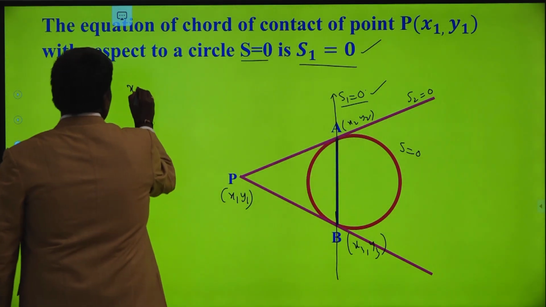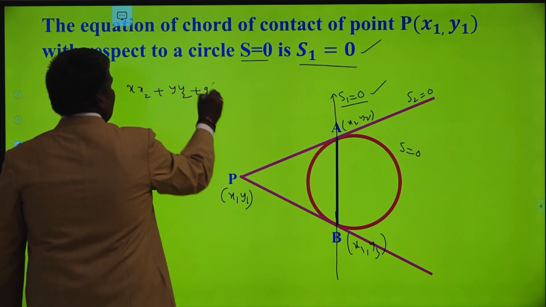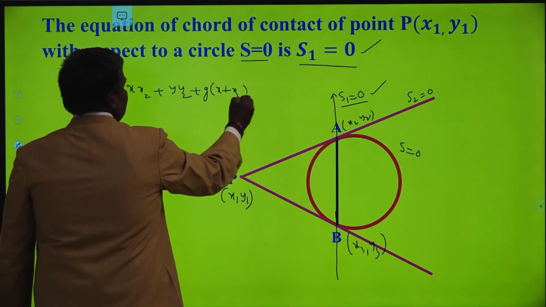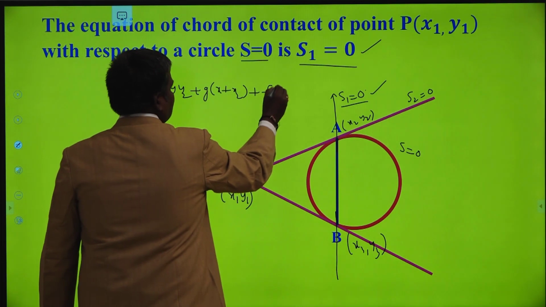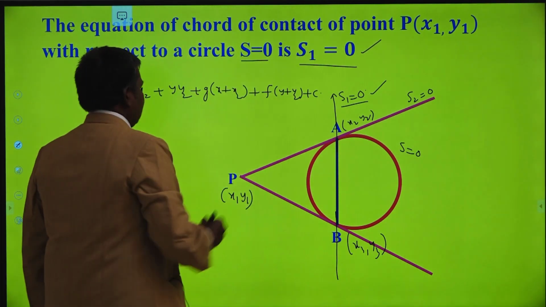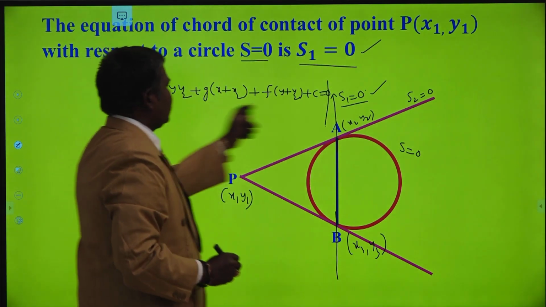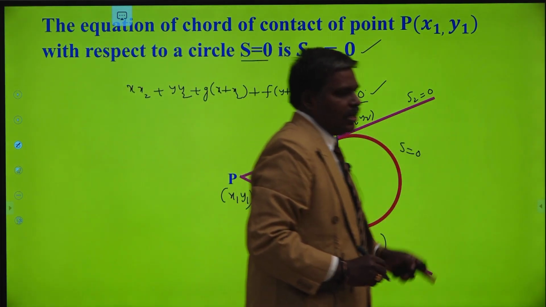S2 is nothing but x x2 + y y2 + g(x + x2) + f(y + y2) + c = 0. This is the equation of the tangent at A to the circle.